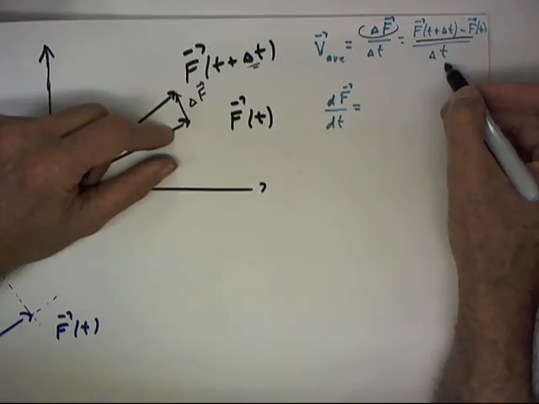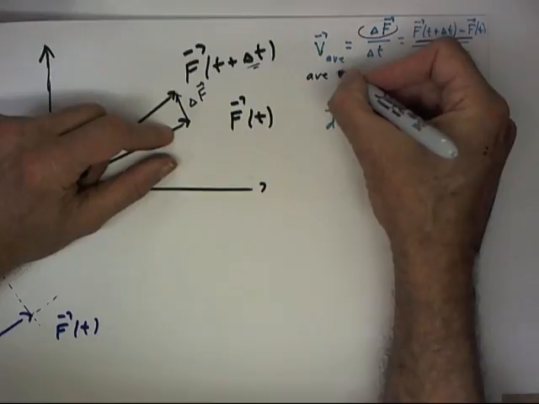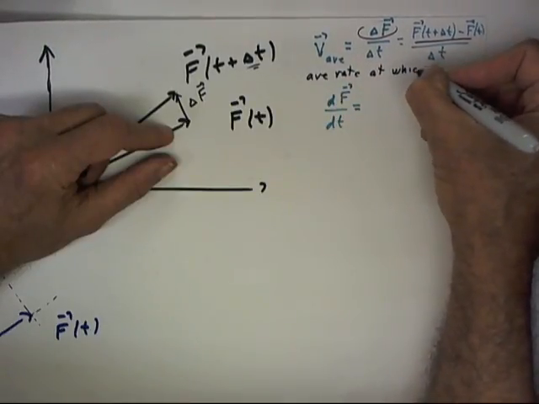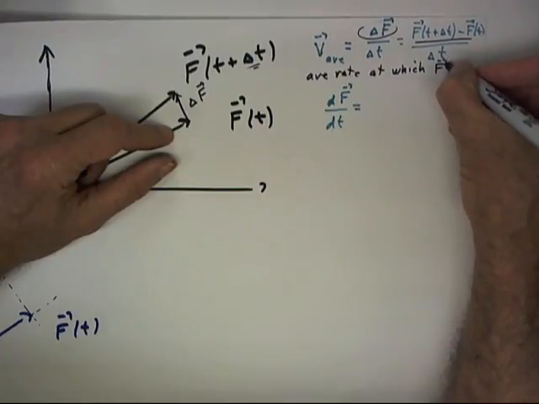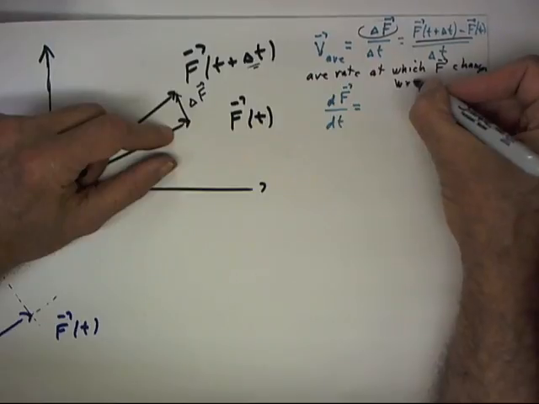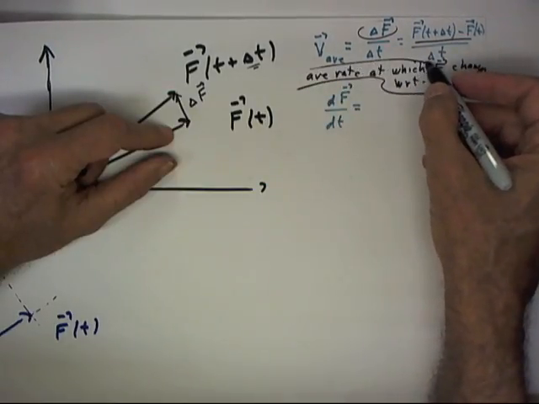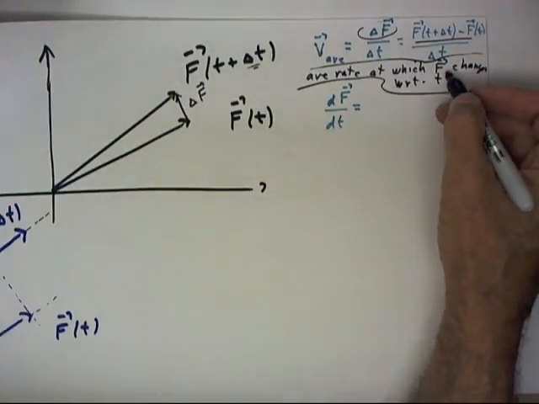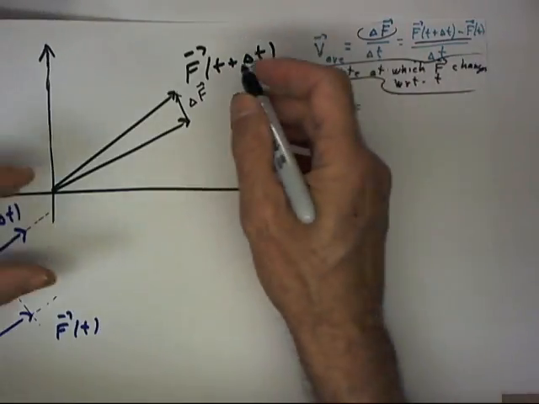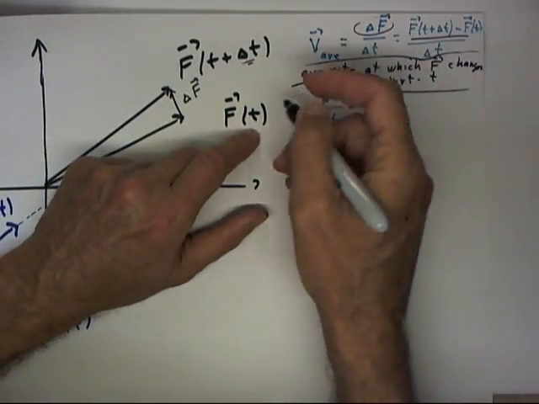We divide that by delta t, and we get the average rate at which f changes with respect to t. Whatever the interpretation, f could be a force and t could be something besides clock time. t could be a position along a line or something.